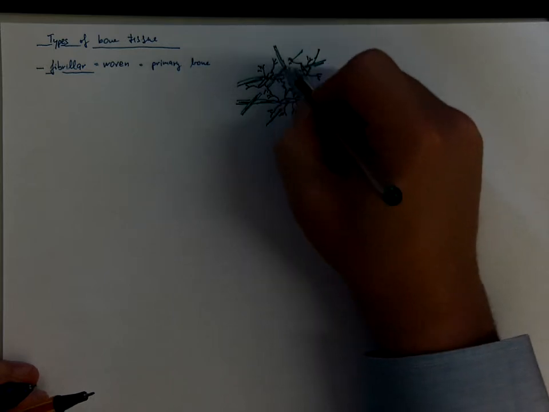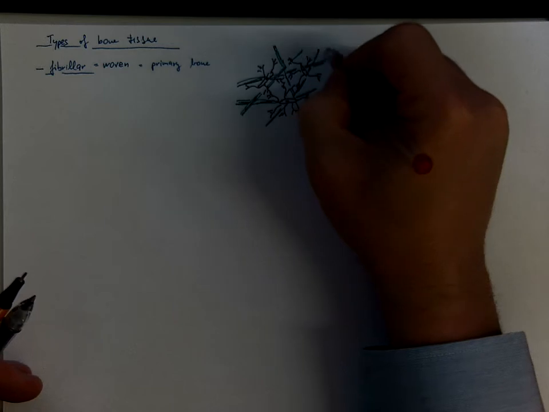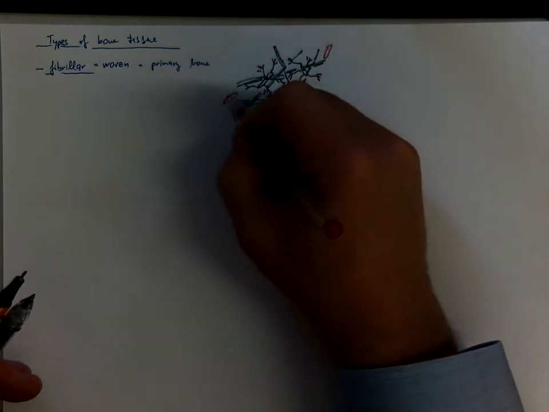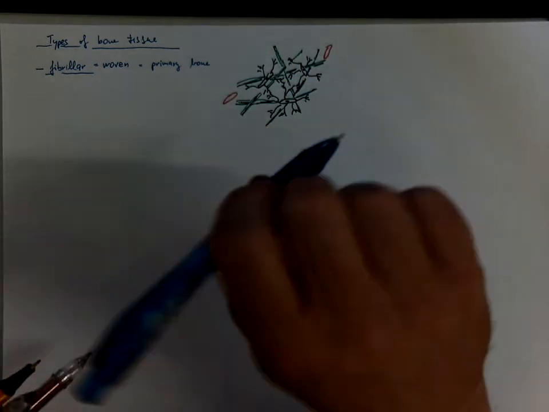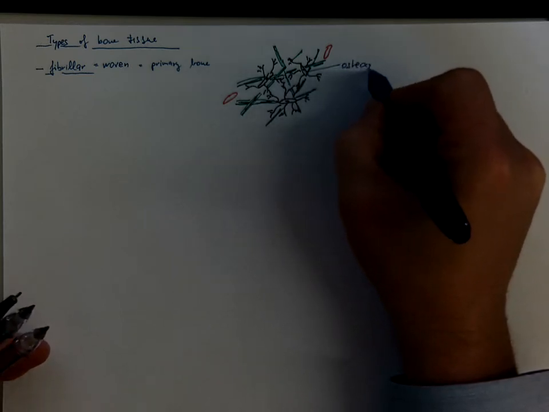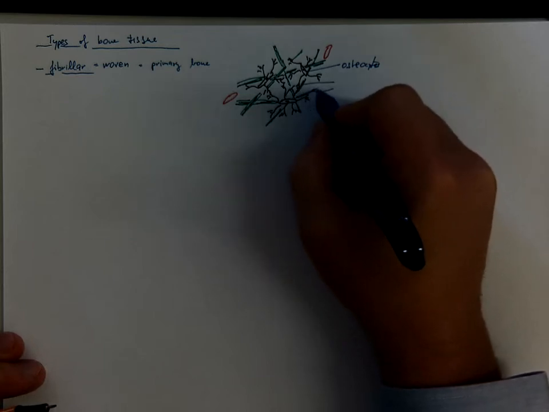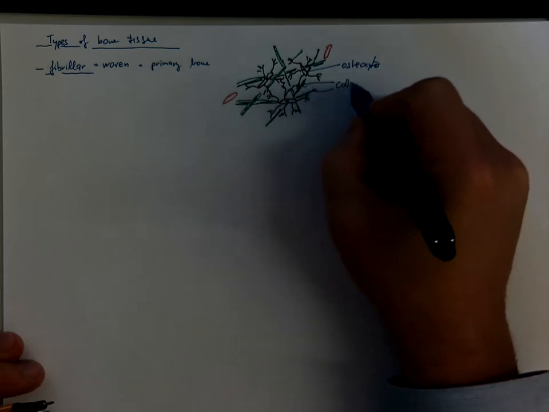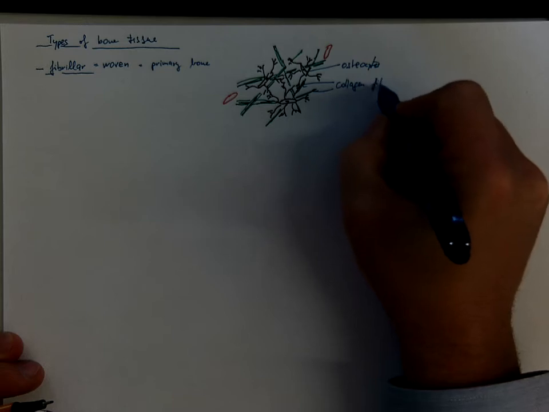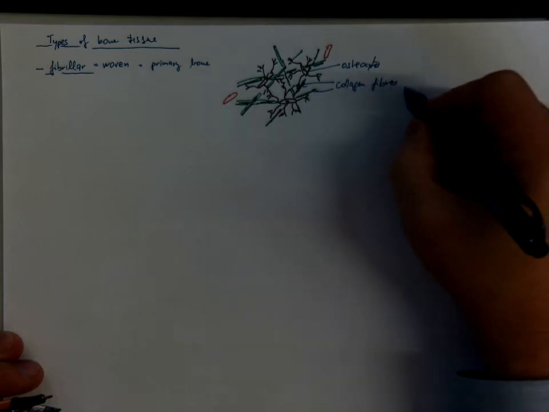They are organized in various directions. We have the blood vessels here in bone. So these are the osteocytes. And the collagen fibers run in many directions.